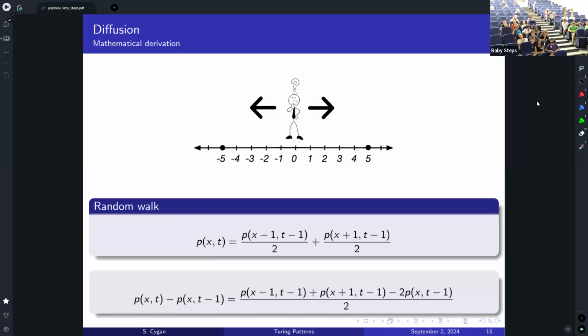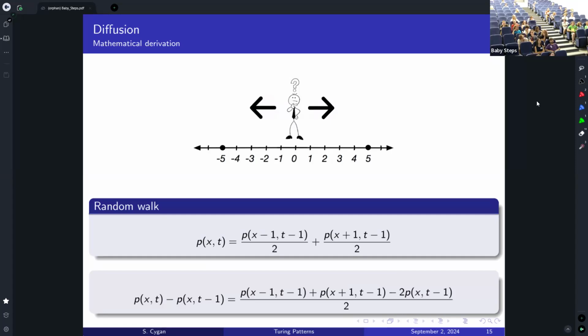If we subtract from this equation the probability of being at the point X at time t-1 from the left-hand side and from the right-hand side, then these expressions look very familiar. The left-hand side is the difference of probabilities at time t minus the probability at time t-1, which looks exactly like the time derivative up to some constant.